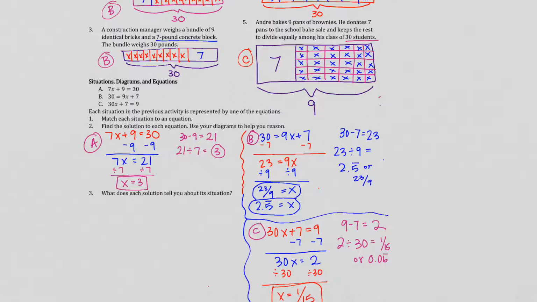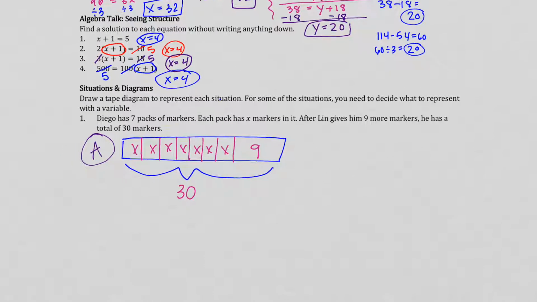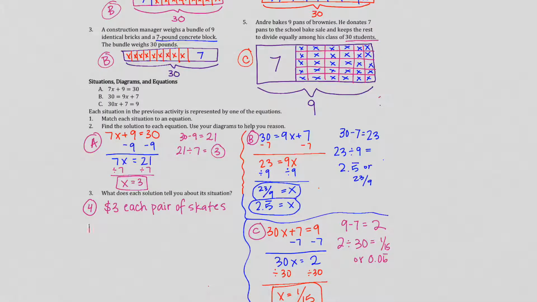So that means for number 4, it's $3 for each pair of skates. Or you could just say $3 each. And then we know that also went with number 1. So this one, remember the unknown was each pack has X markers in it. So that means for number 1, it's standing for 3 markers in each pack.